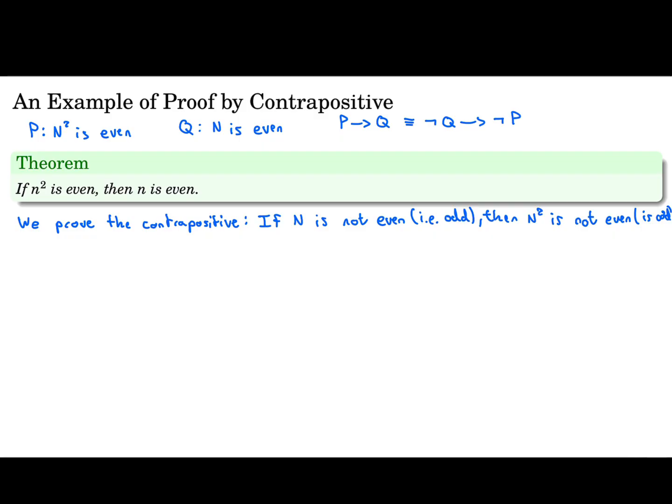And so how do we do that? So we start by assume that n is odd, okay?